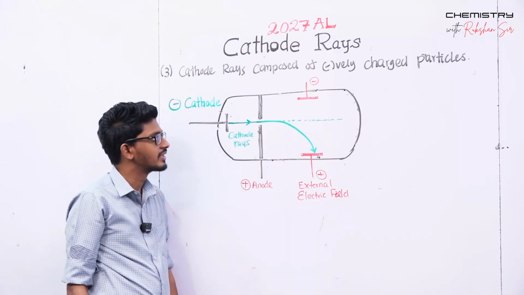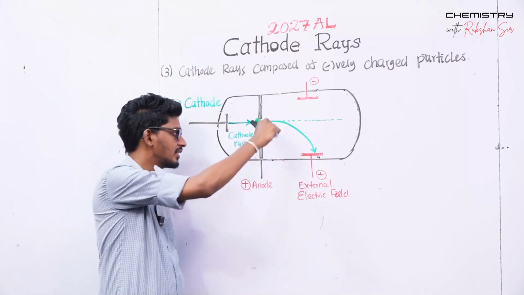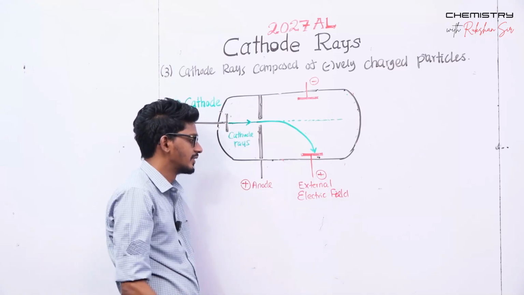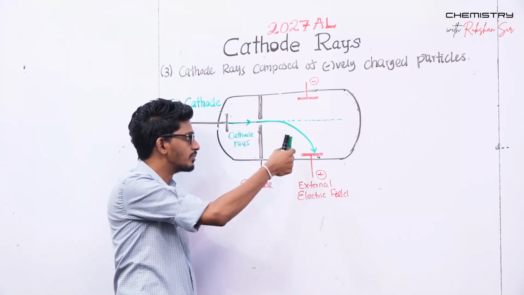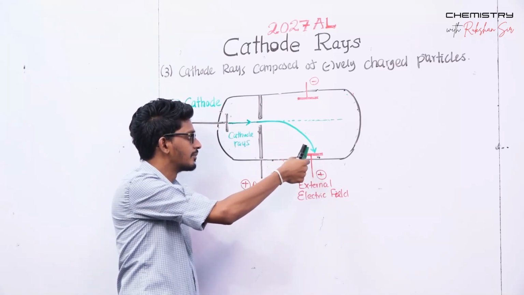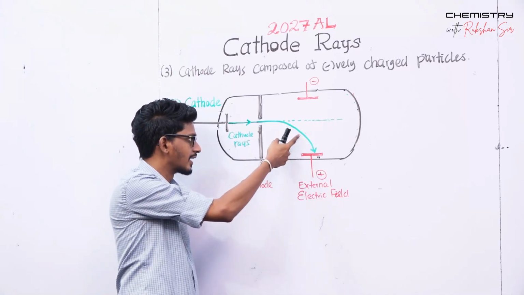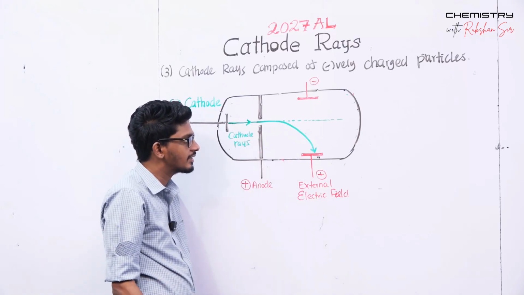Right? So we can conclude the cathode rays are negatively charged. Because if some particle is attracted towards the positive terminal, that means the particle should carry the opposite charge, the negative charge. So cathode rays are negatively charged.